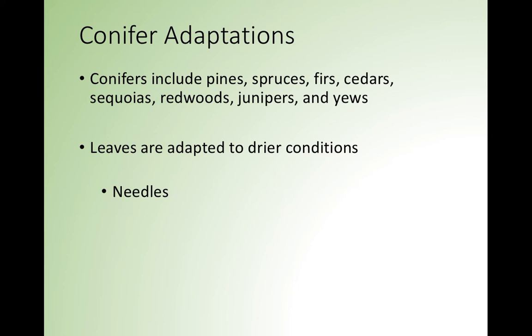Okay, so one is the fact that they have needles instead of broad leaves. They have very thin needles for leaves, for modified leaves, that means that there's less surface area exposed. Plants normally lose some moisture through their leaves through a process called transpiration. And when you have leaves that are very thin, that just decreases the surface area.